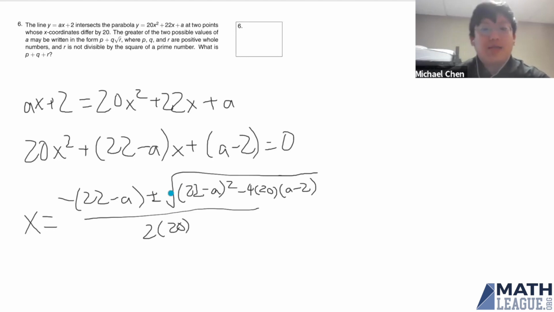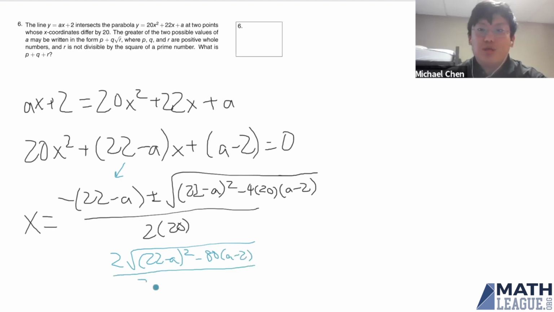Now this part will cancel out since it's in both of the x coordinates. So we're left with 2 times the square root of (22 minus a) squared minus 80 times (a minus 2), over 2 times 20. And this we know is equal to 20. This is simply the difference of the roots, and we're given that to be 20. Now the 2's cancel out.